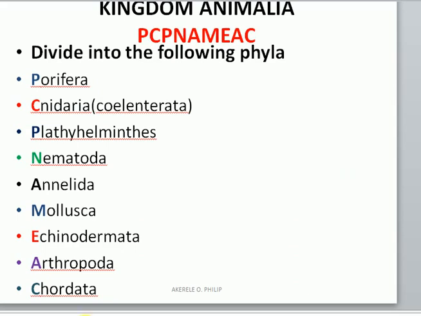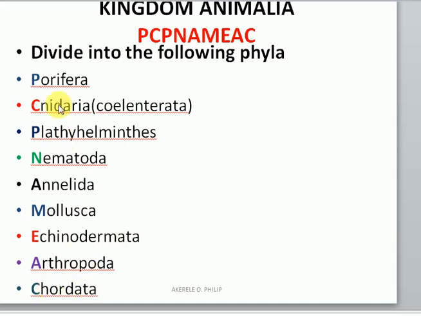That was a mistake again. The 9 phyla are arranged from the simplest to the most complex. That's Porifera, Cnidaria (the old name used to be Coelenterata), Platyhelminthes, Nematoda, Annelida, Mollusca, Echinodermata, Arthropoda, Chordata.